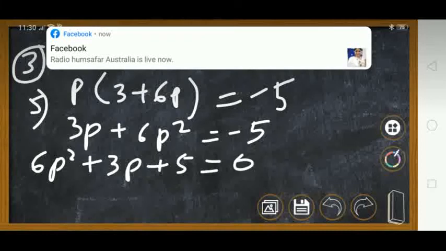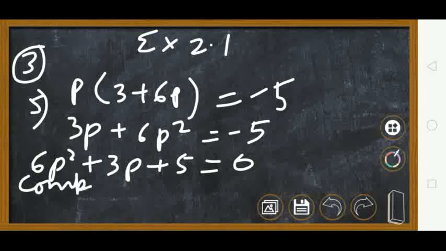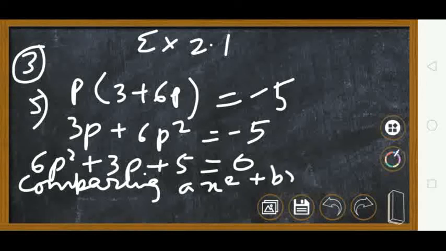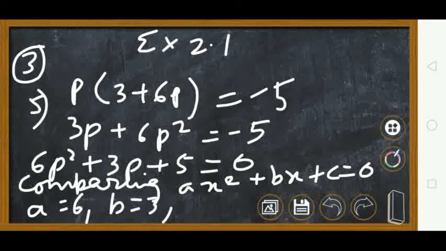And then you will write, comparing with ax square plus bx plus c equal to 0, we get a is equal to 6, b is equal to 3 and c is equal to 5. Okay, this is how you are going to do. So solve all the sums of question number 3 accordingly.